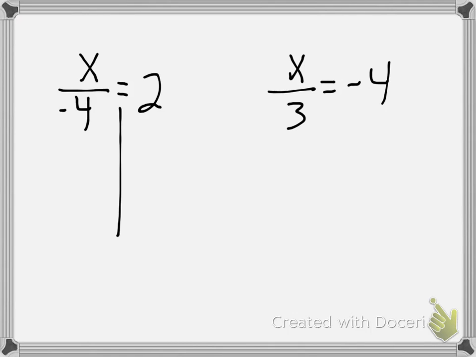So to solve for x, in this first one, I have to get rid of division by negative 4. So to get rid of a division by negative 4, we have to multiply by negative 4 to both sides. On this left side, times negative 4 and division by negative 4 cancel. And on this side, I have 2 times negative 4, which is negative 8.